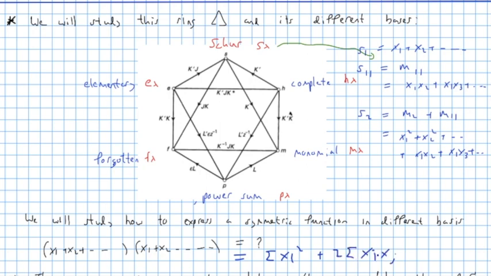So if you write this in terms of these bases, you're going to need one copy of S2 plus one copy of S11. I want you to remember this. It's just going to be summing these two functions with coefficient 1.